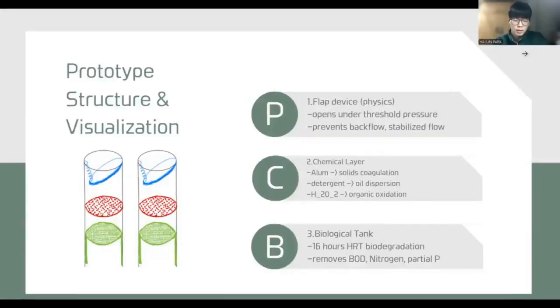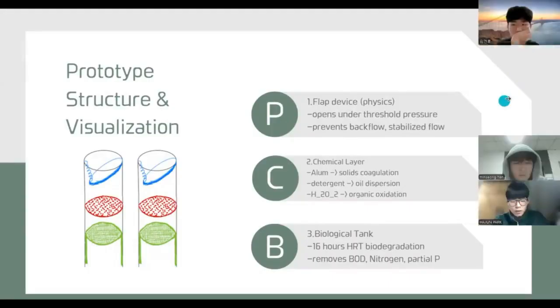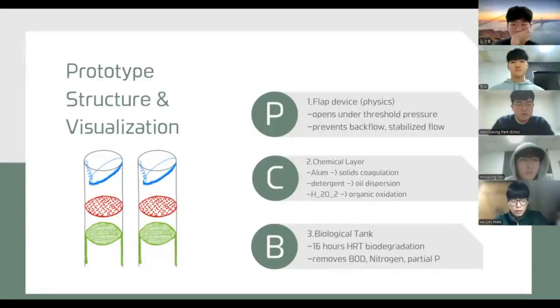The final layer is a biological tank where microorganisms decompose organics and nitrogen, based on a retention time we set for 16 hours. These three layers are structured as a single integrated flow system capable of immediately and partially removing household contaminants, stabilizing water flow, and biologically treating residual contaminants.